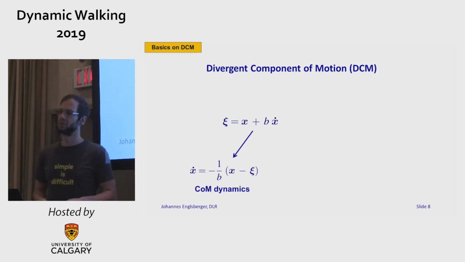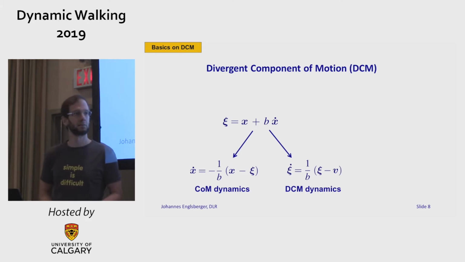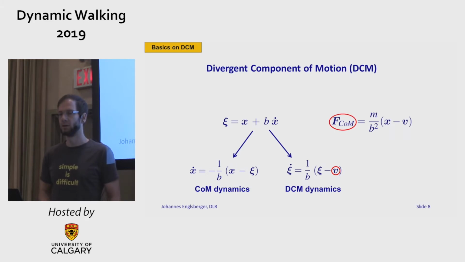Reordering this definition yields the center of mass dynamics. Differentiating yields the DCM dynamics. As you can see, these are first order dynamics, so quite simple. Here I already inserted the definition of the virtual repellent point, VRP, which encodes the total force acting on the center of mass simply by its offset from the center of mass.